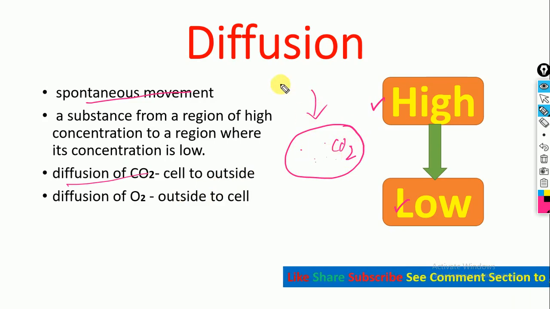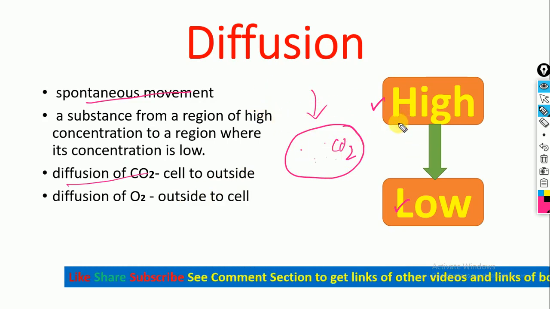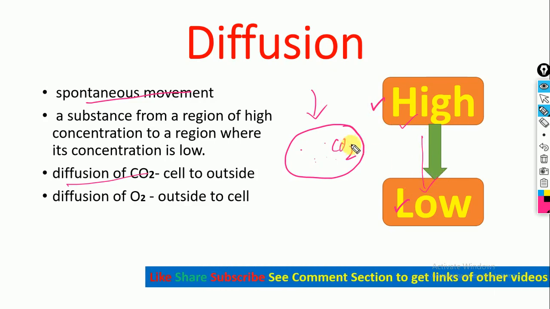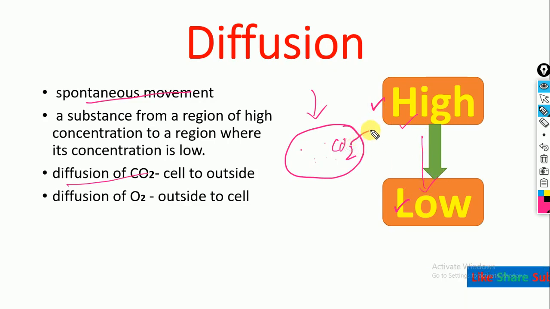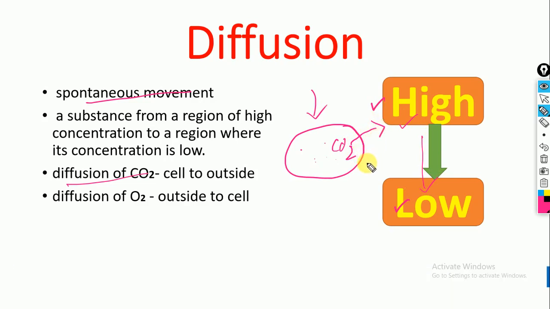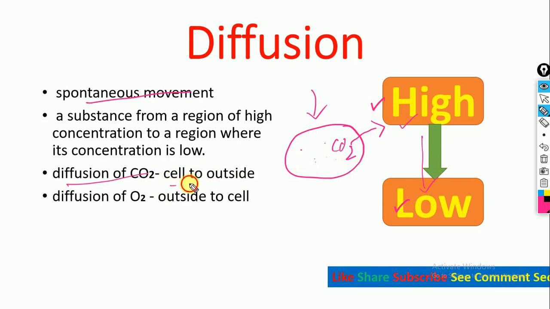And diffusion takes place from high concentration to low concentration. So this CO2 will move from the cell to outside. This is the diffusion of CO2 from the cell to outside.